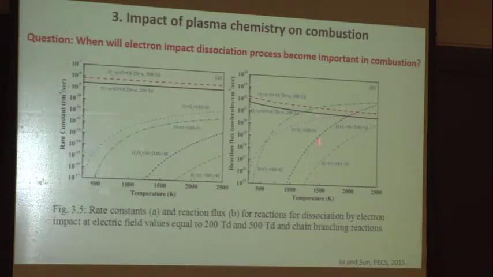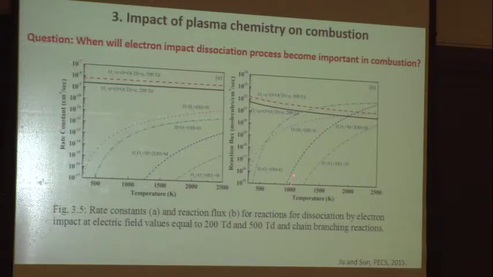But if you're looking at temperatures below 1500 Kelvin, the chain branching reaction is getting much slower, let's say at 750 Kelvin, and you have a great chance for plasma to enhance ignition. Because at 700 Kelvin, you don't have a flame, right? You have ignition. If you really want to control ignition, if you really want to control low temperature reforming, plasma is a great thing to do. And if you're looking at the HO2 radicals, HO2 and H2O2 dissociation, this reaction is very important around 1000 Kelvin or below for radical production.